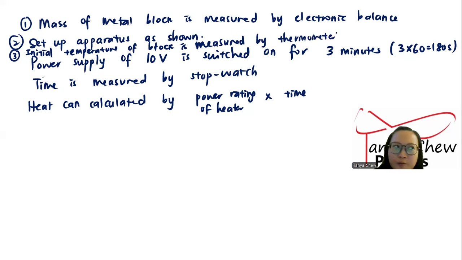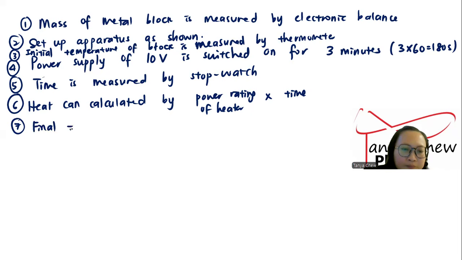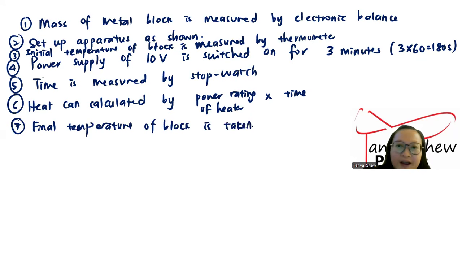So make sure that you plan your experiment first. You draw first before you write down your answer, right? So that your answer will be more systematic instead of you just doing it like me. Sometimes we need to cancel this, cancel that. That would be very, very messy, right? Plan first what you want to write, right? Number 4, power supply switch on and then time is measured. Heat can be calculated, right? And then you could say that final temperature of block is taken, because I have already stated that this is measured by thermometer.